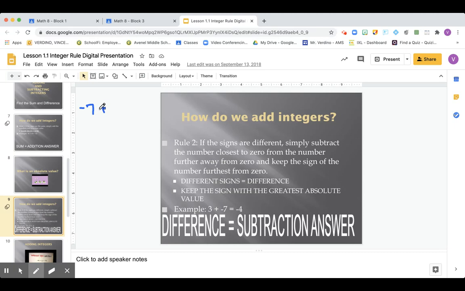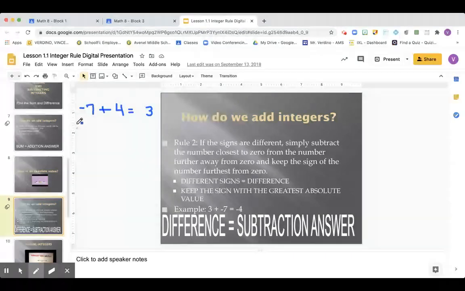-7 plus 4. One is negative, one is positive. The rule tells me if the signs are different to take the difference. So the difference of 7 and 4 is 3. Now, how do I know if it's positive or negative? Well, which number looks visibly larger, regardless if it's positive or negative?